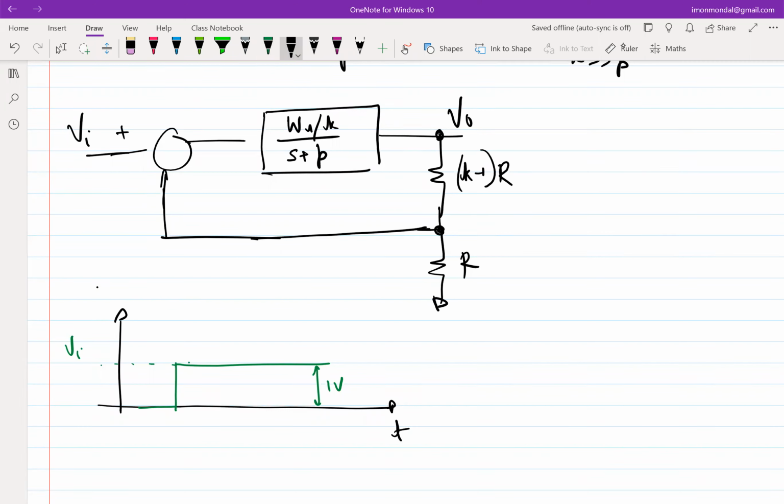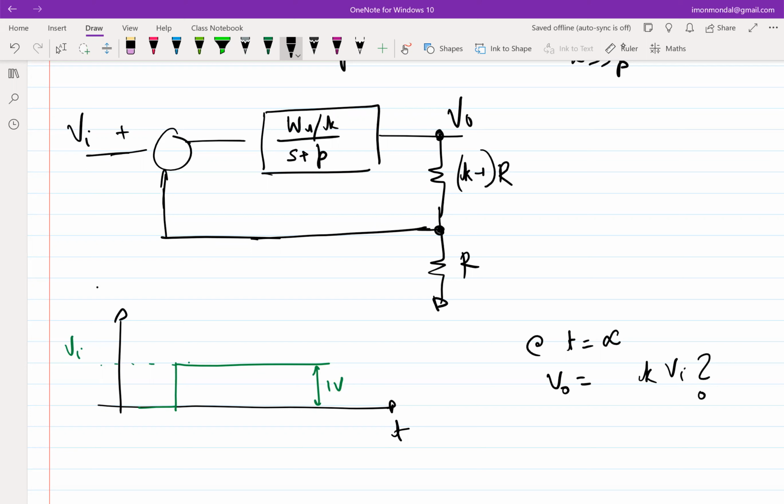Will it settle to k times Vi? Yes. Why? So let me ask you, is V0 k times Vi or something else? So in this case, the error voltage is not 0, right?